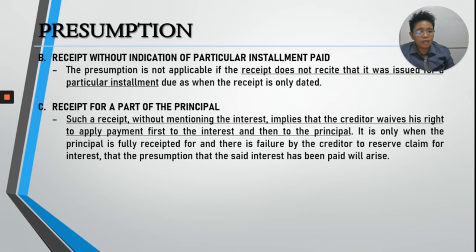Ang wini-waive lang dito is right to apply yung payment to the interest first before the principal. So kung ang resibo is for the principal, full payment, dun lang naman nagkakaroon ng presumption that all interest payments have been made.